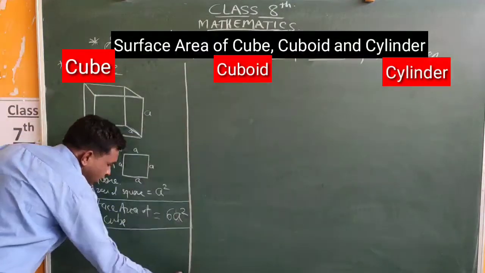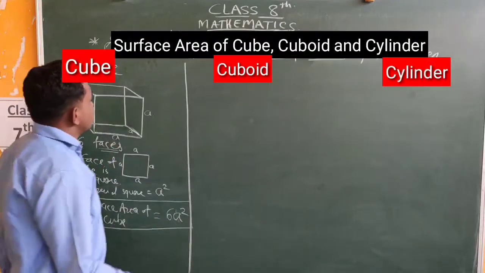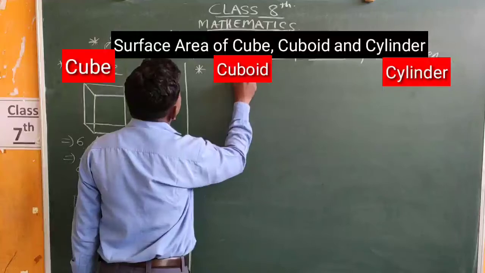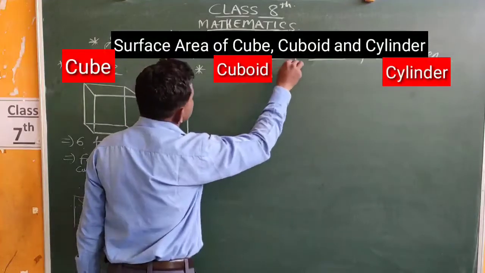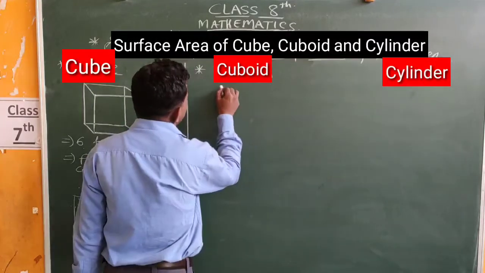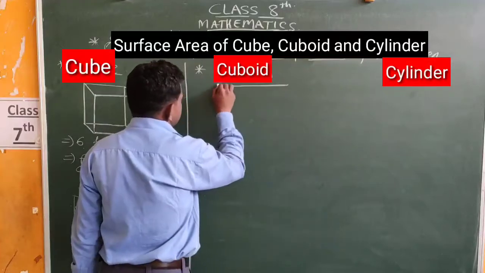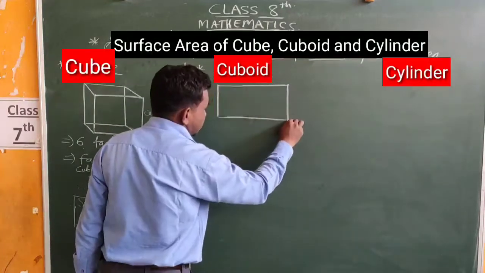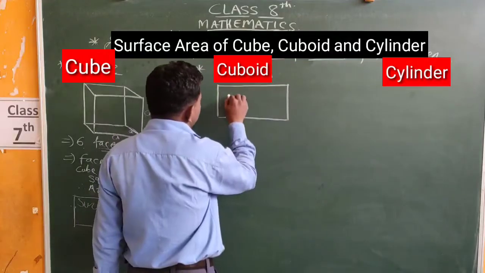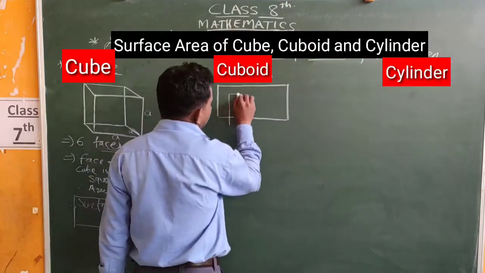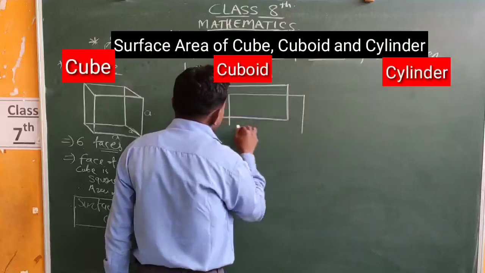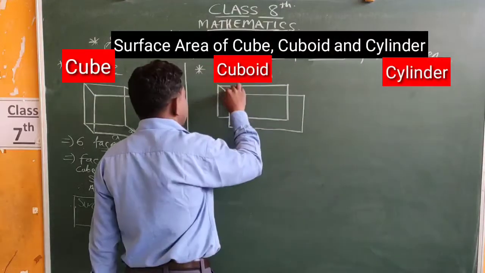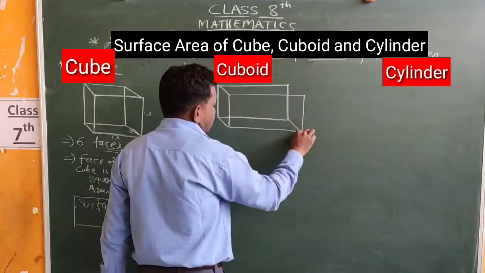In the second part, we are going to learn the surface area of the cuboid. If we draw the figure of the cuboid, a cuboid is the shape of a cupboard in our home, or the shape of a duster.